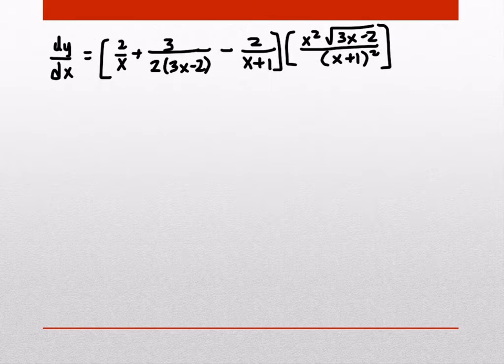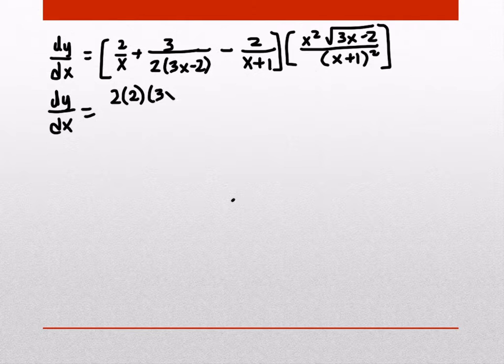Okay, so we're going to end up with the first term is a 2, and that 2 will have to be multiplied by the 2, the 3x minus 2, and the x plus 1, right? The 3, which comes next, will have to be multiplied by the x and the x plus 1.